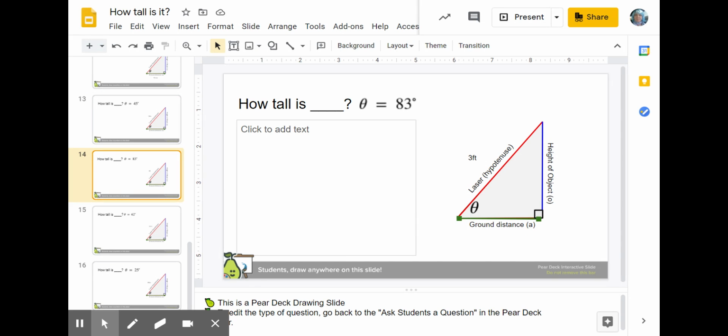So same thing here. Mark your angle. Write in your SOHCAHTOA.